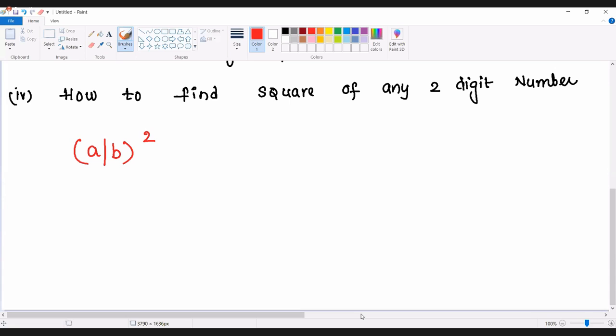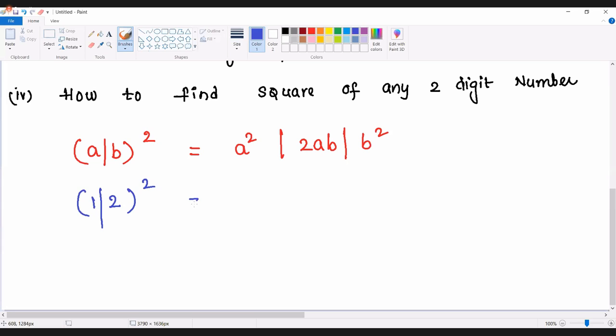What is (a plus b) whole square? It is nothing but a square plus 2ab plus b square. We very well know that. Instead of using a plus symbol, I am using a slash here. Now, for example, if you have 12 square, I apply the (a plus b) whole square formula to find the square.